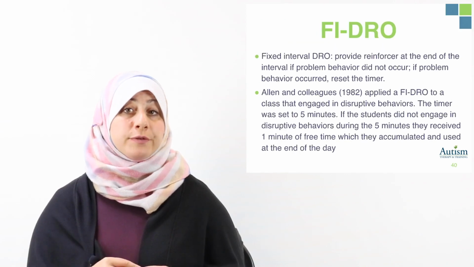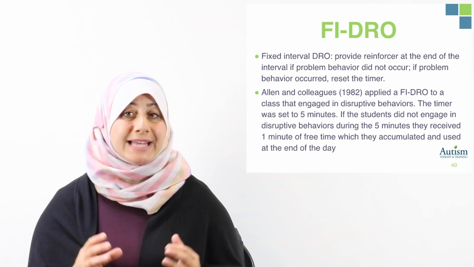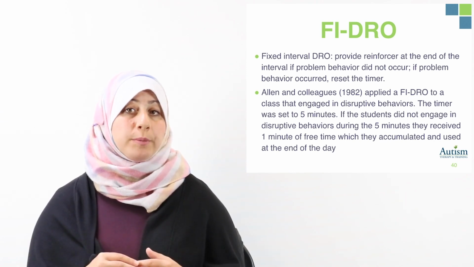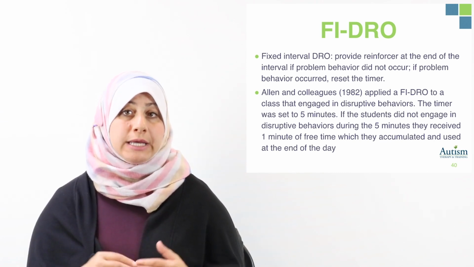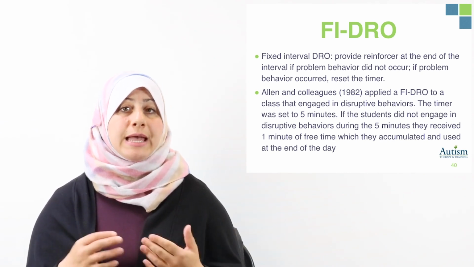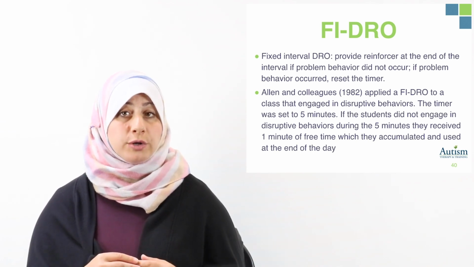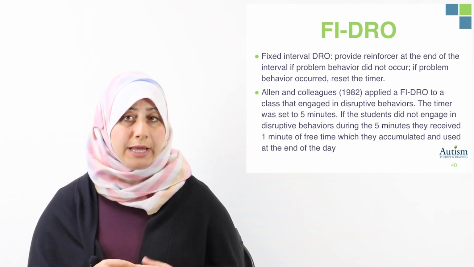Fixed interval DRO is when you provide the reinforcer at the end of the interval if the problem behavior did not occur. If problem behaviors have occurred, you can reset your timer. Allen and colleagues in 1982 applied an FI DRO to a class that engaged in disruptive behaviors.